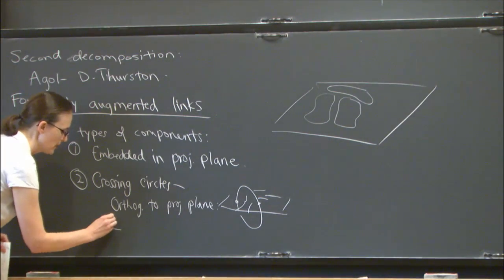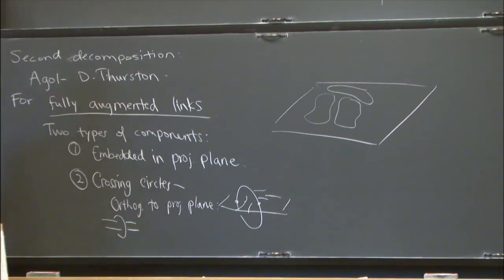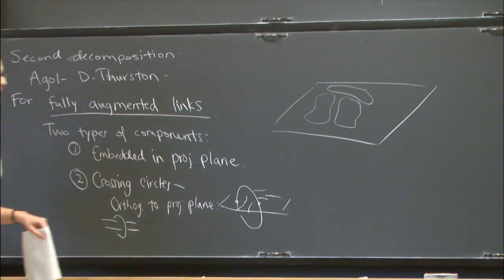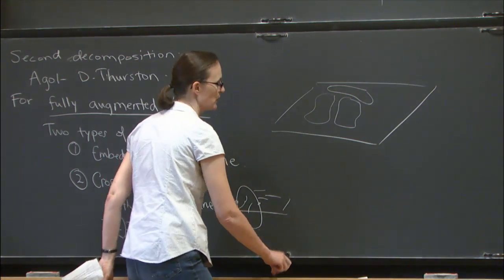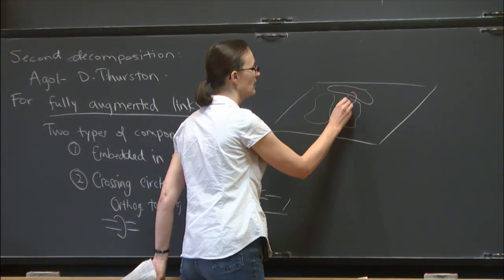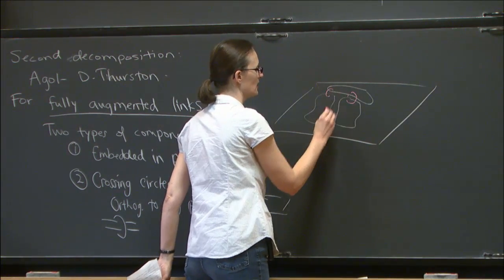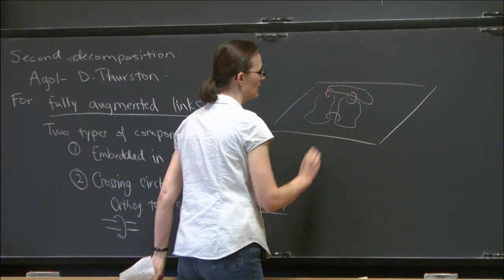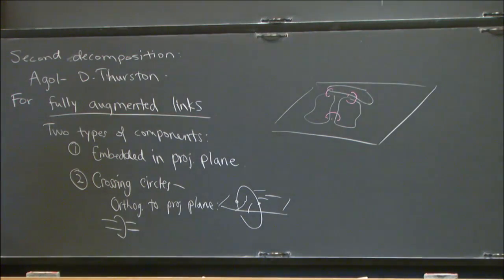So maybe let me draw a picture like this. OK, so in this picture, if I were to put in some crossing circles, maybe here's one here, one over here. OK, so this would be an example of a fully augmented link. And then you can actually extend this a little bit.